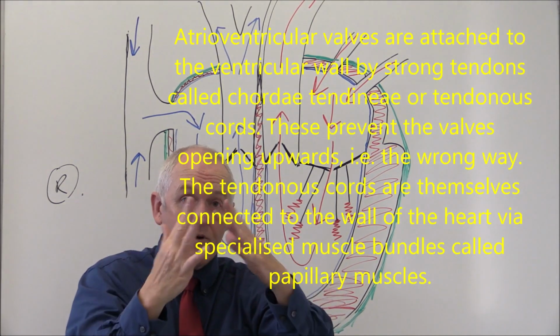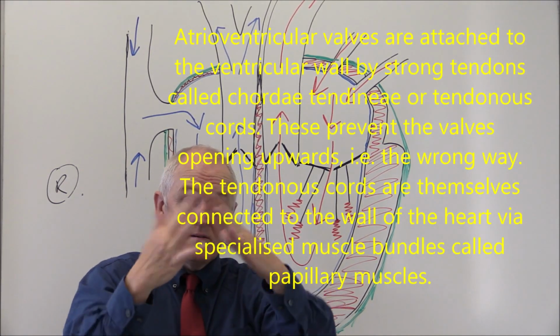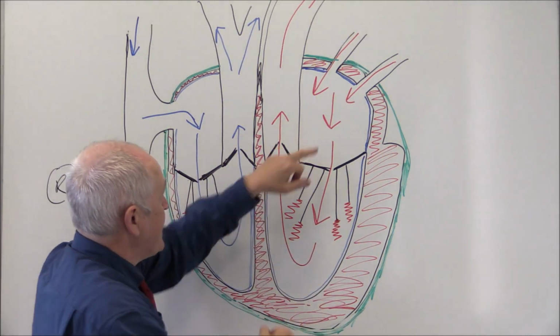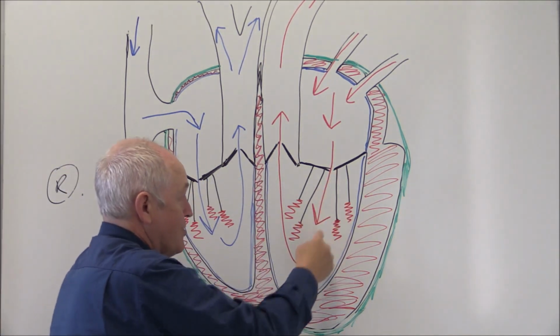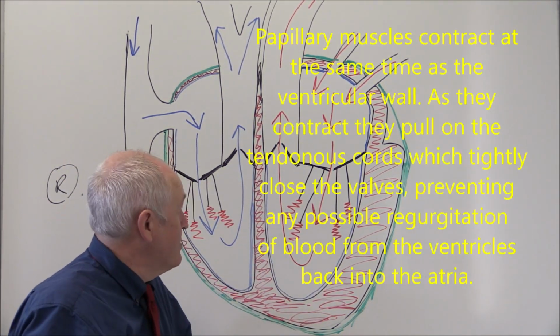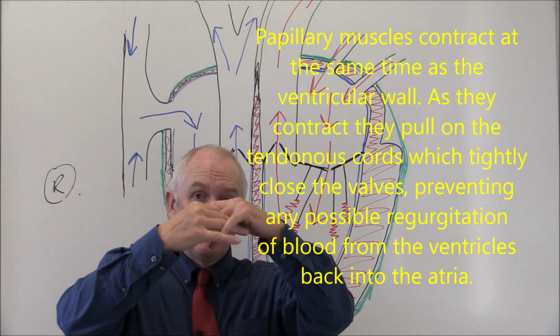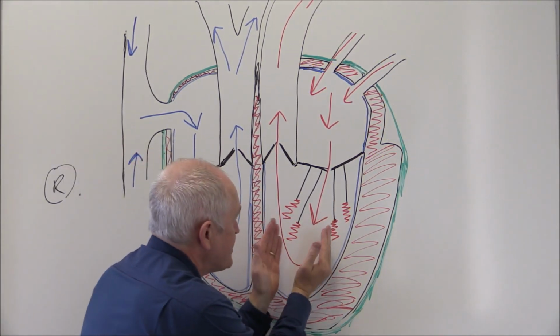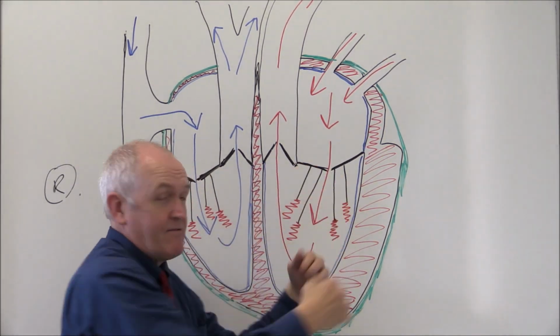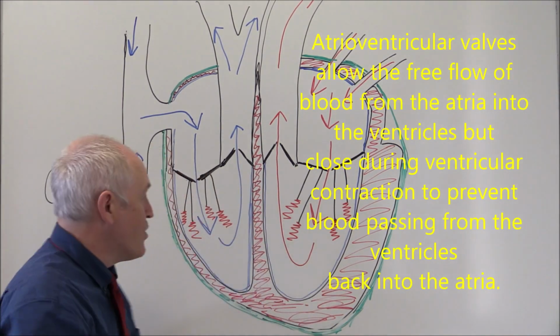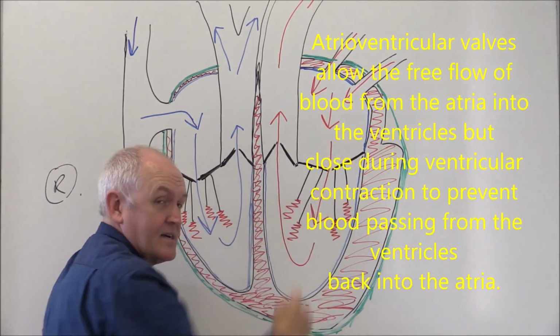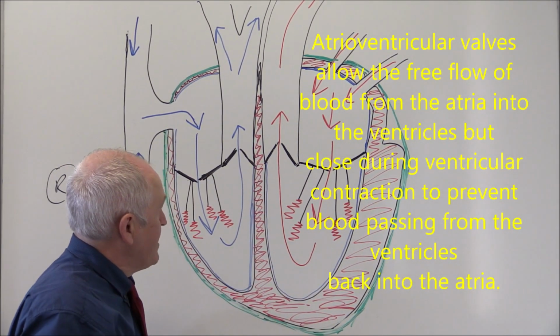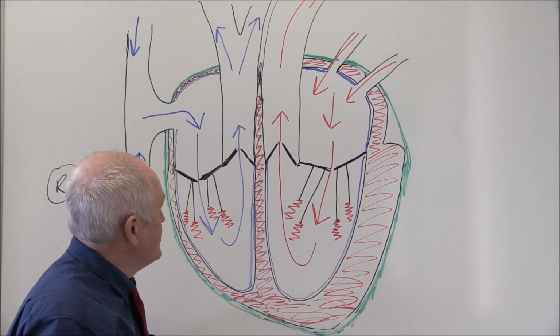And it can't open up into the atria because the tendinous cords and the papillary muscles stop it. So it will passively move down, the ventricle will contract, the increase in the pressure of the blood in the ventricle will slam that valve shut, and that will prevent regurgitation into the atria, which would be a pathological situation.